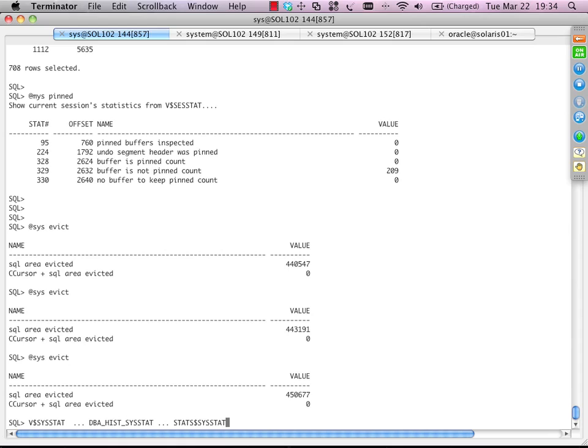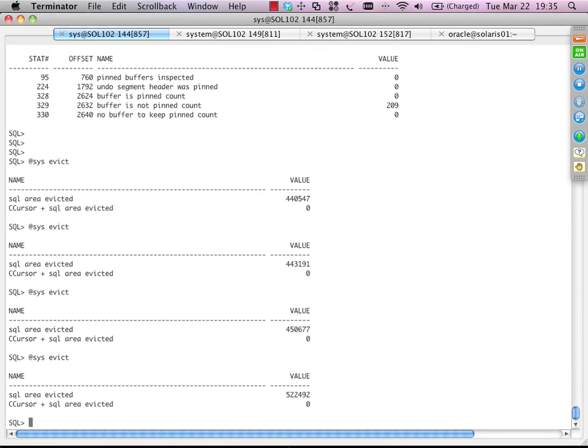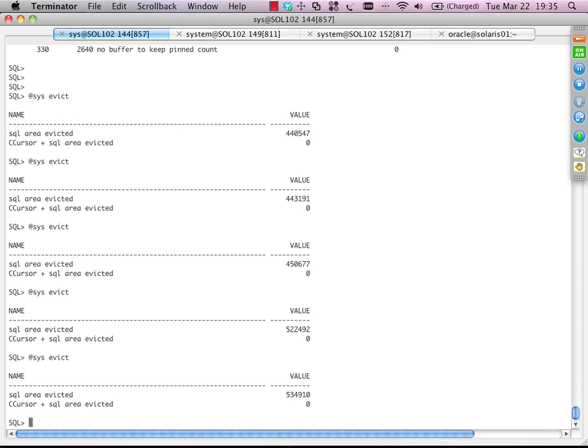This is kind of an indicator of shared pool shortage or shared pool pressure. There is a better indicator, but it needs x$ access. You see, this number goes up because in the other session I'm hard parsing a lot, and I'm having a lot of memory allocations going on.